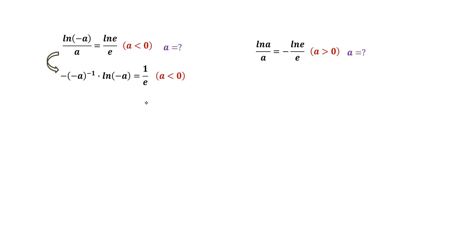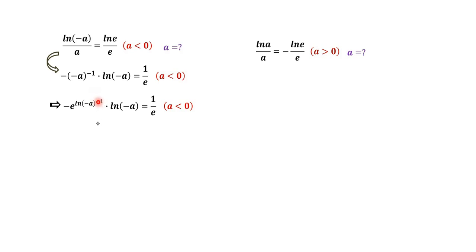With this, negative a is equal to e to the power of ln negative a. So we replace negative a with e to the power of ln negative a, and we get this equation.